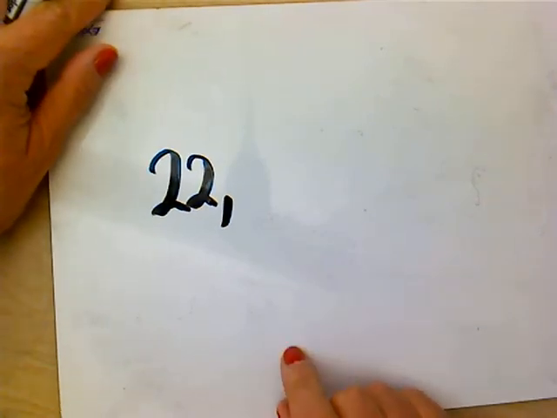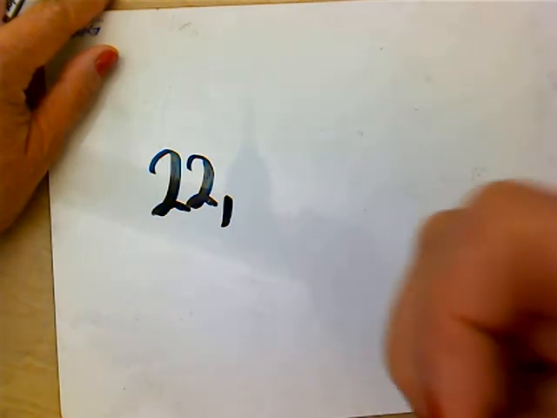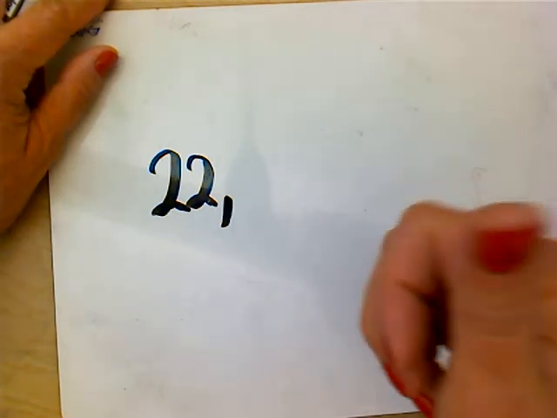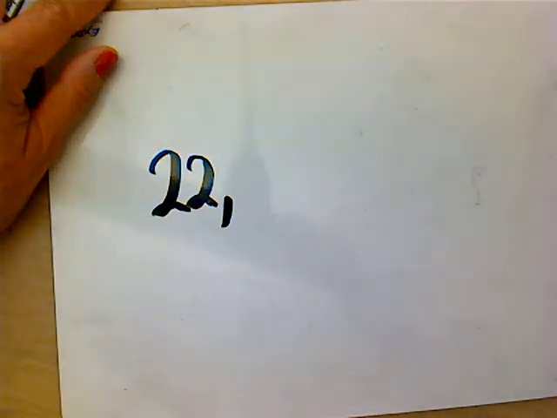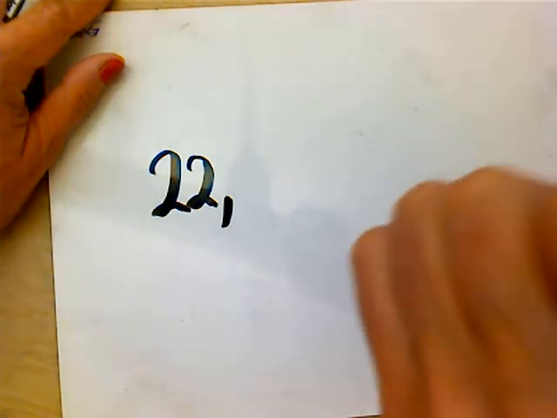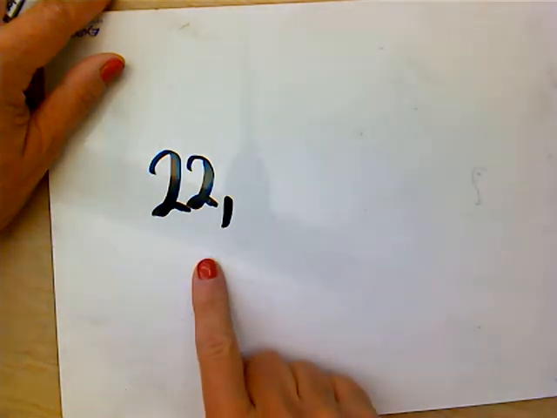So that would be 22, 23, 24, 25, 26, 27, 28, 29, 30, and stop. Now we're going down. 30, 29, 28, 27, 26, 25, 24, 23, and back to 22.